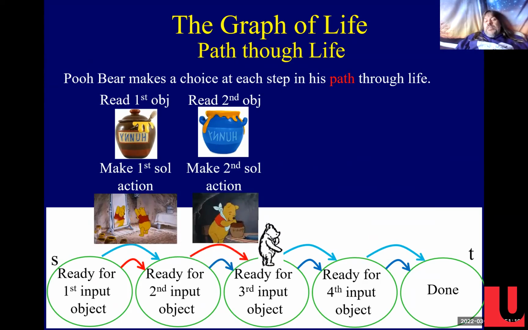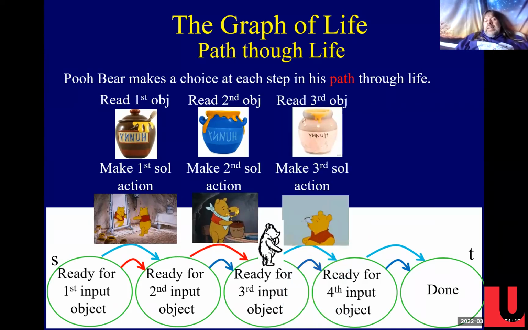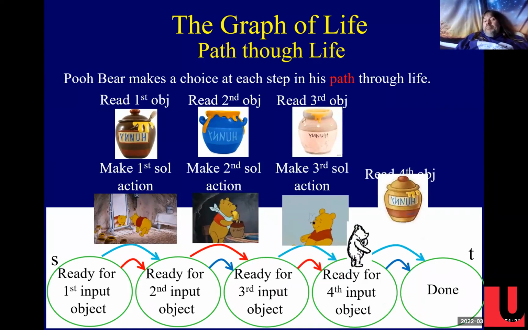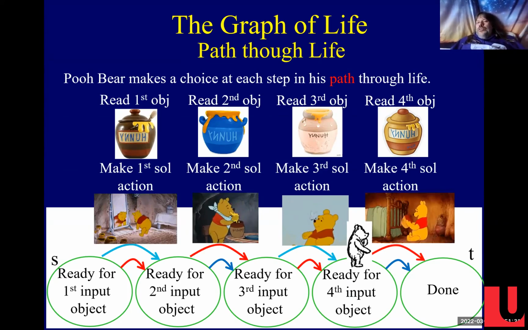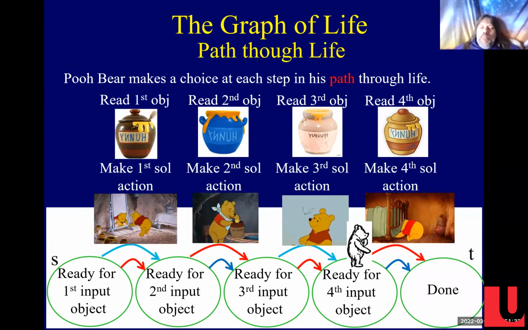So he follows the light blue edge, right? And at each point he can make whatever decision he wants to make, right? Everybody kind of follows that. This is the game of life. At every point he makes a decision on what action to take, and that moves him from state to state. Are people kind of following this?